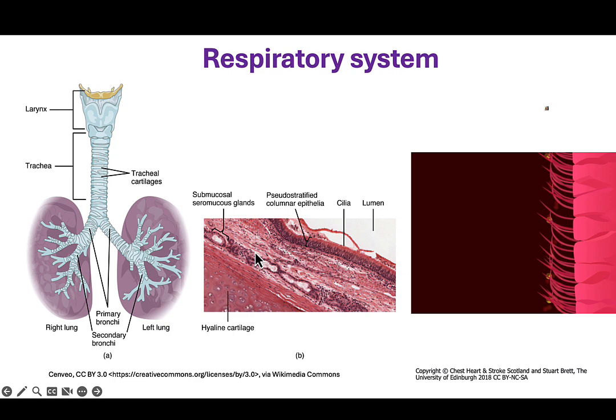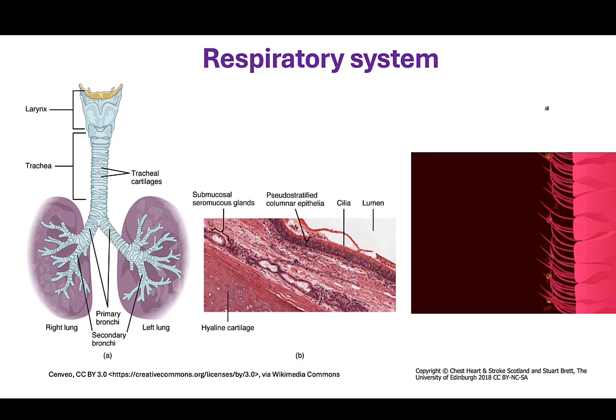Now, if we look back, we've got our glands here that are producing the mucus. And then if we go even further back, we're looking at this stuff called hyaline cartilage. And this has a very specific function as well because it forms these cartilaginous rings, a little bit like in a vacuum cleaner tube, that if you didn't have that, when you suck with the vacuum cleaner, the tube would actually compress.